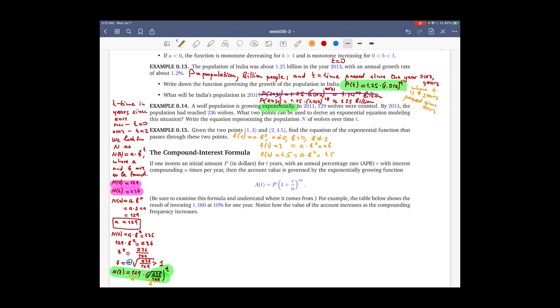If I now divide one of these equations, ab squared equals 4.5, and ab equaling 3, I will get that ab squared divided by ab equals 4.5 divided by 3. But ab squared divided by ab is simply b. And 4.5 divided by 3 is 1.5. So I immediately get that b equals 1.5.